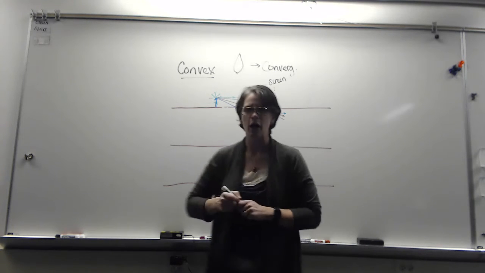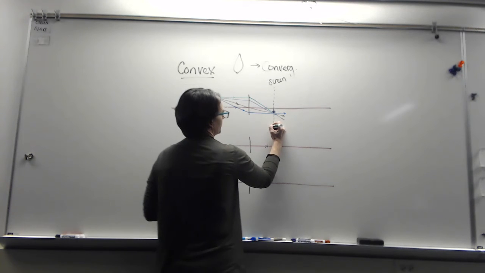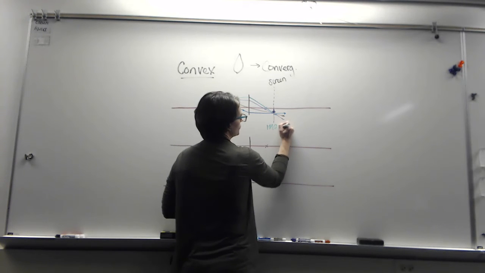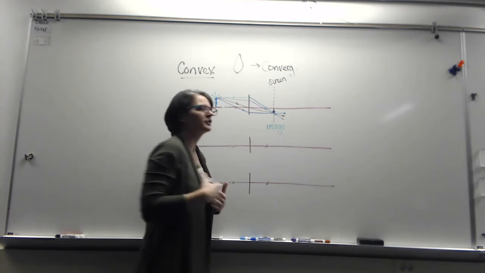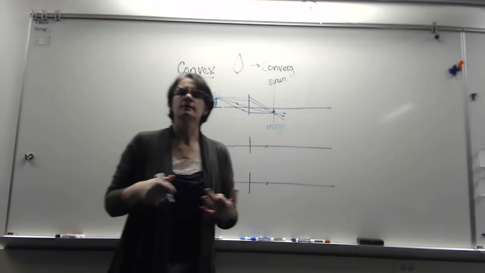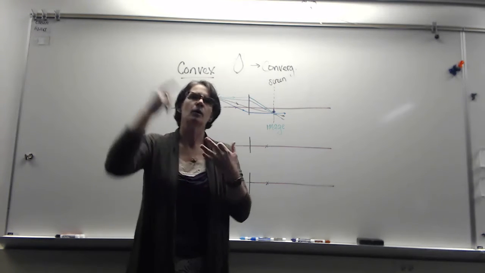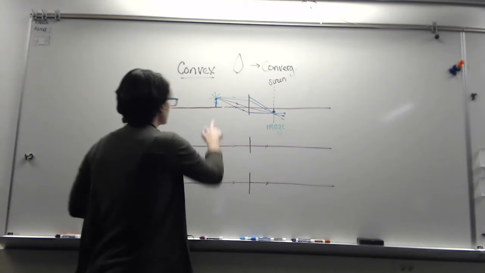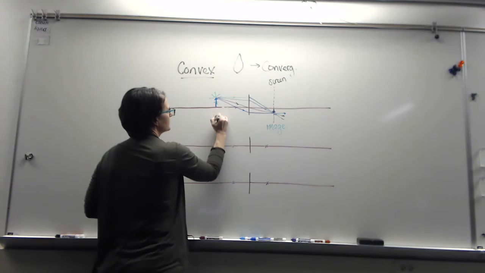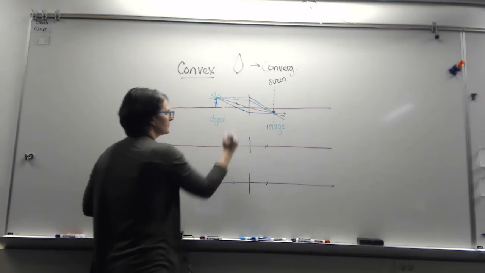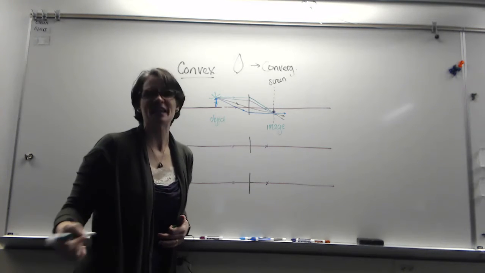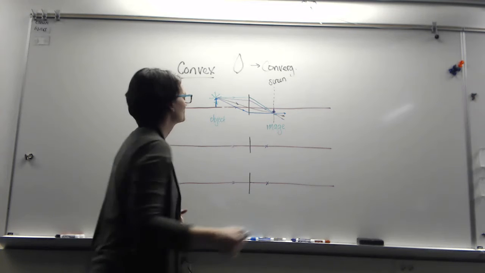So here is a couple more pieces of vocabulary. This is our image. It is what shows up on the screen or the film or the back of my retina. This is our object. It's what we are looking at or taking a picture of or photocopying.